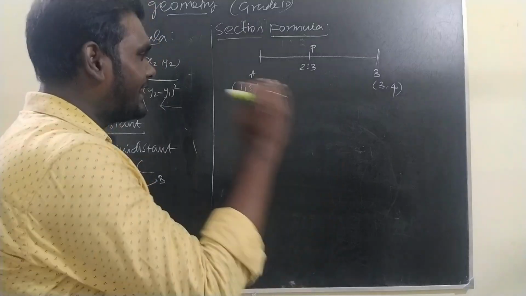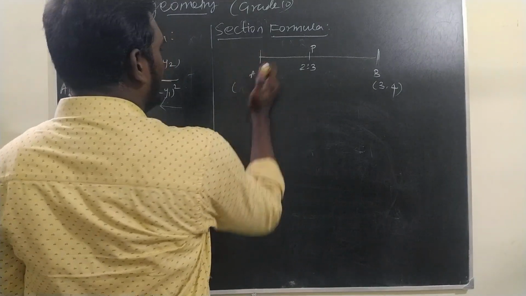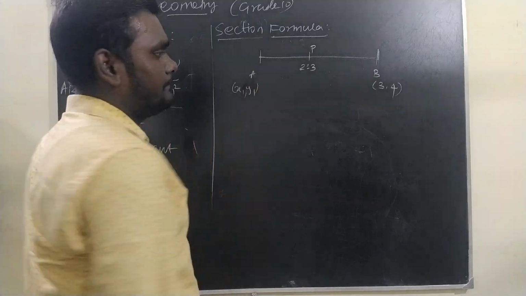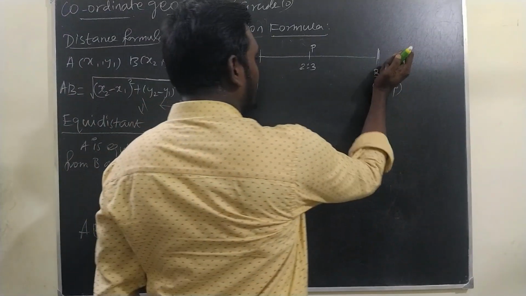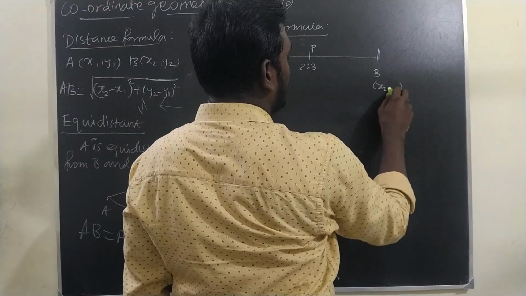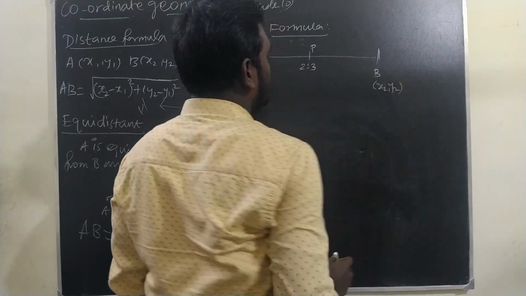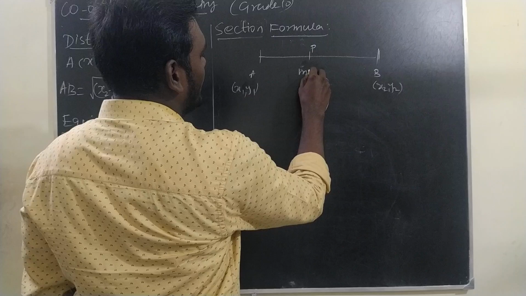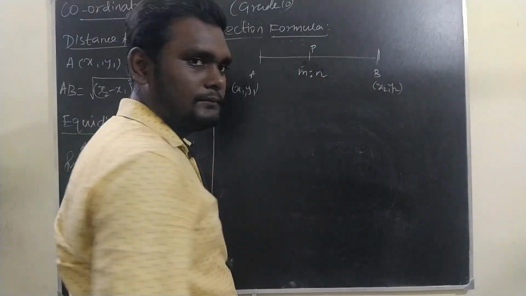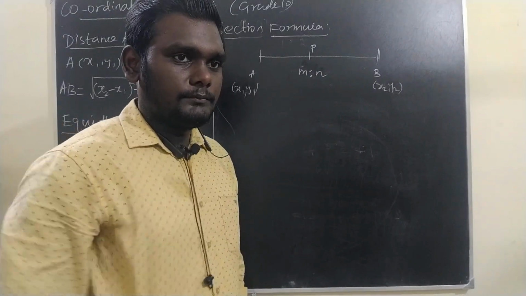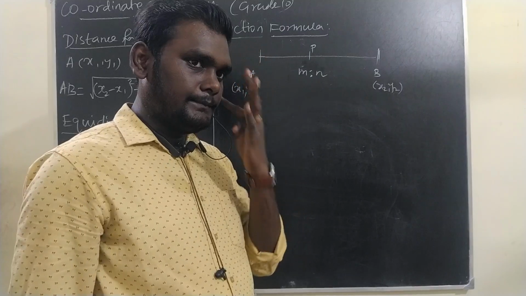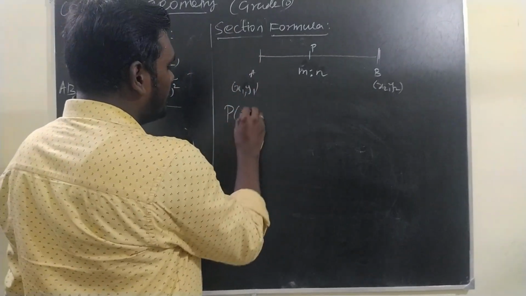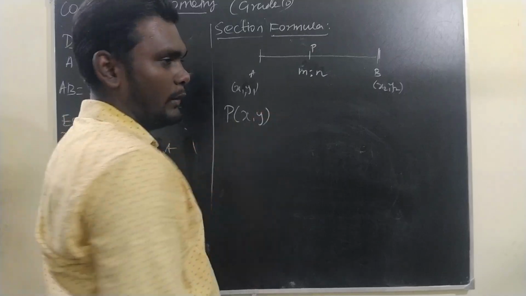So in general, the coordinates of A, I am marking as x1, y1, and the coordinates of B, I am marking as x2, y2, and this ratio, I am marking as m:n. Okay, got it? Now the point P, I am marking as x, y.